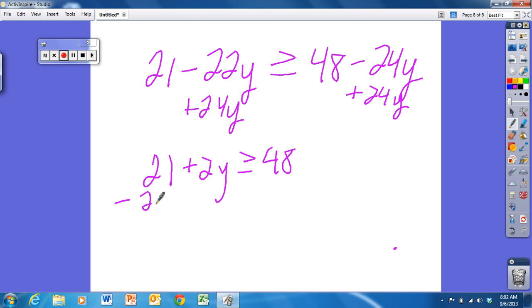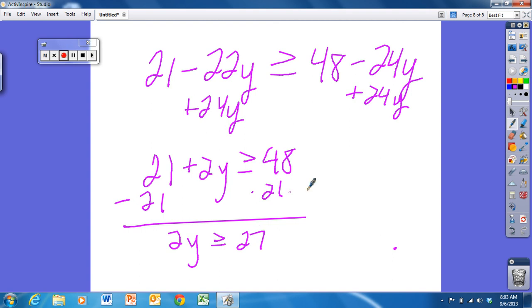Now we're going to minus 21. So 2y is greater than or equal to 27. And divide by 2. Y is greater than or equal to 13.5.